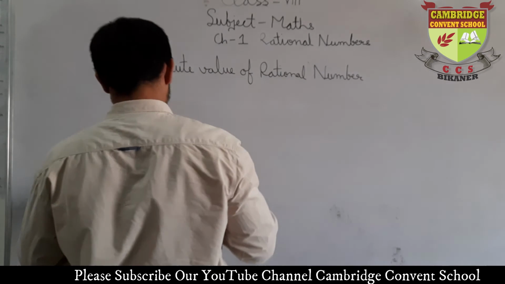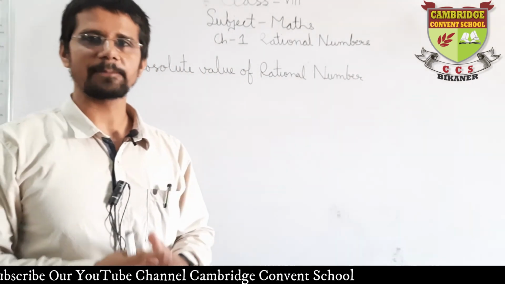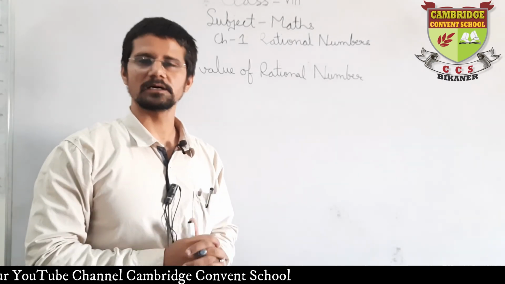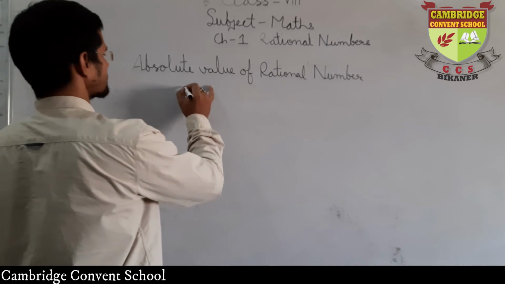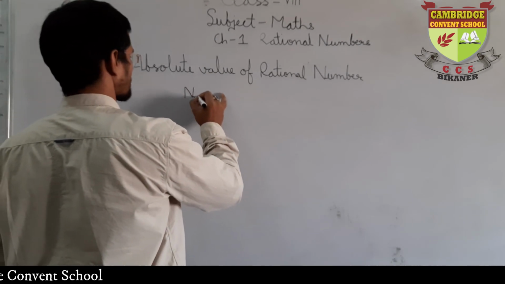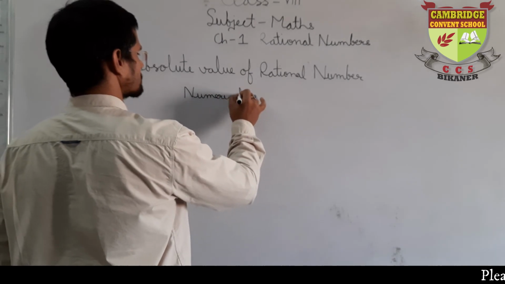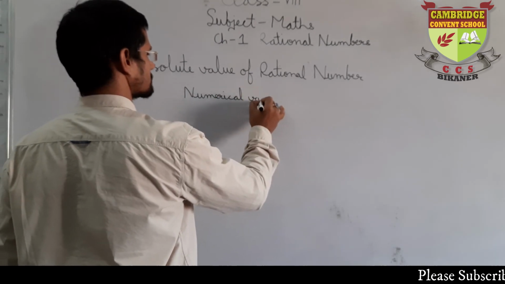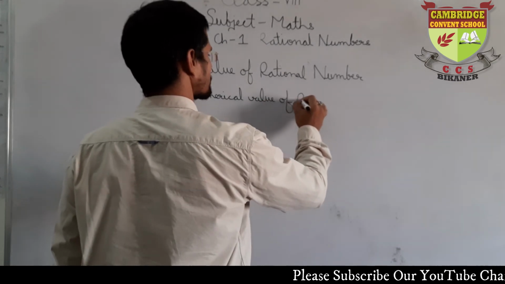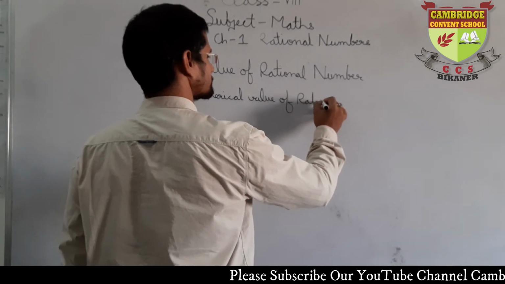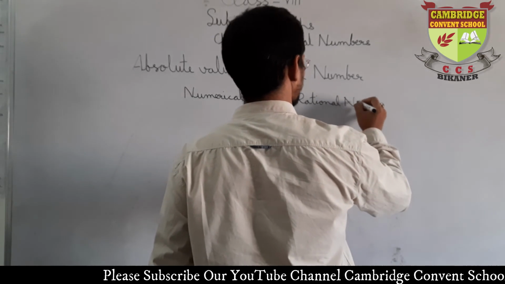What is the absolute value of a rational number? Absolute value is nothing but the numerical value of the rational number.